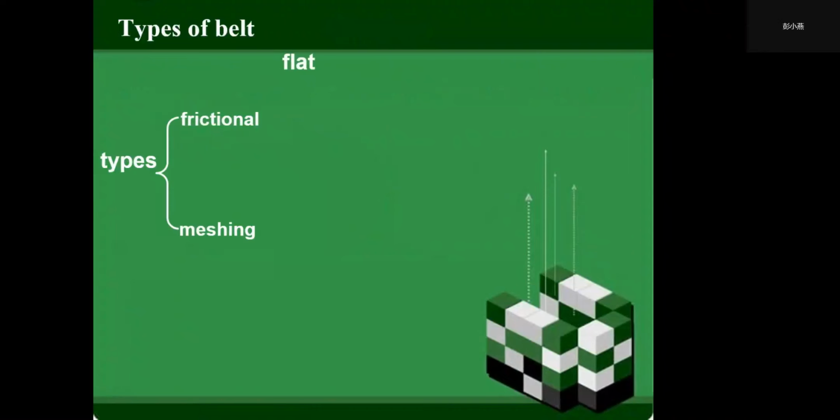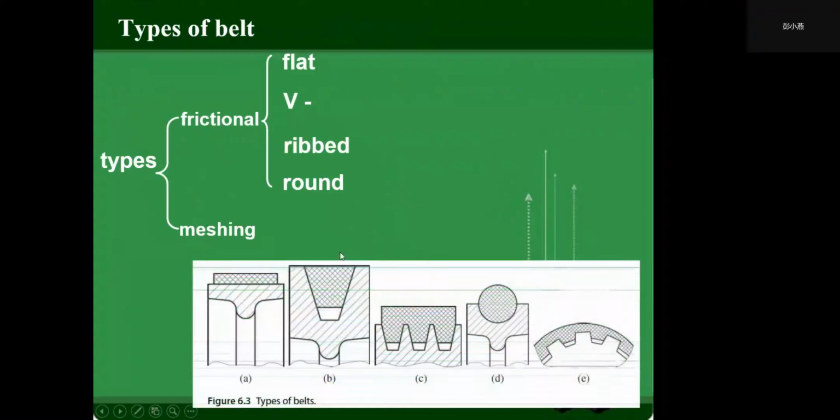Belt drives include frictional and mesh belt drives. There are four types of frictional belt, that is flat, V, rippled, and round belts.